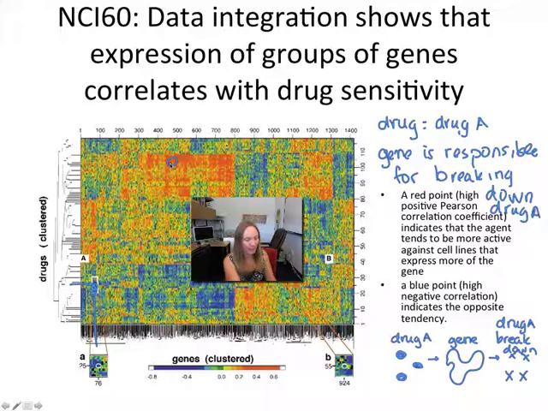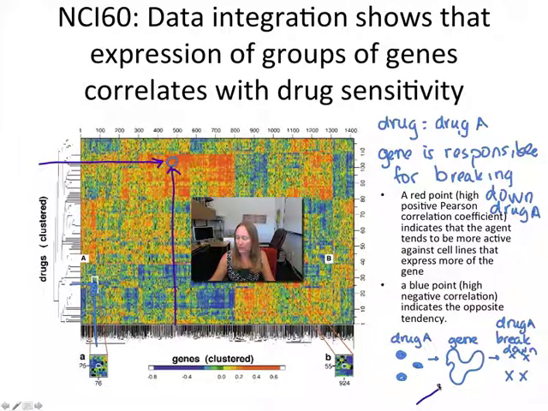If you have a gene whose high expression is correlated with high activity, you can make exactly the same story up. Maybe that gene blocks the degradation of drug A, so drug A doesn't get broken down as much, therefore drug A is really, really effective in the cells. And you can make up stories about all of these things.